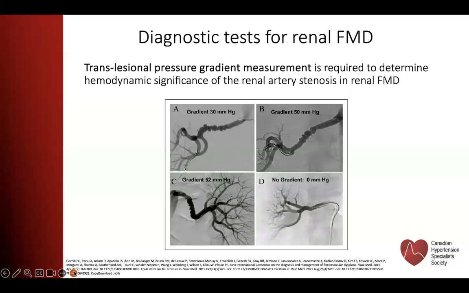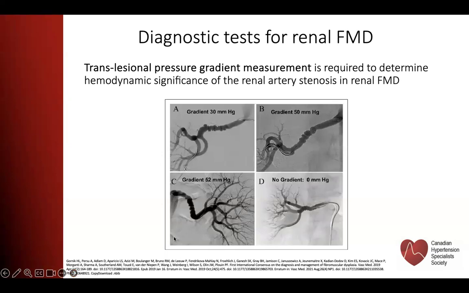This is a nice image, again, from that FMD position statement, showing that imaging alone does not determine the hemodynamic significance of a renal artery stenosis in FMD. So you can see here that all of these images show the nice string of beads, multifocal FMD appearance. But when a translesional pressure gradient was taken via angiography, there are varying degrees of stenosis in these arteries.